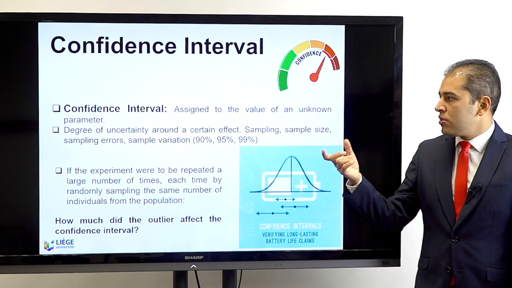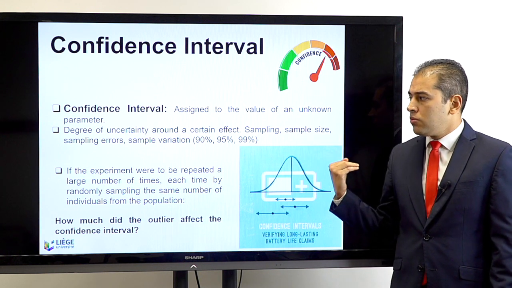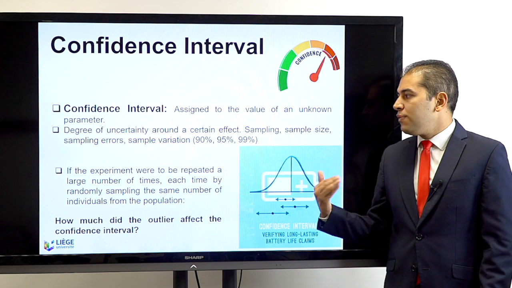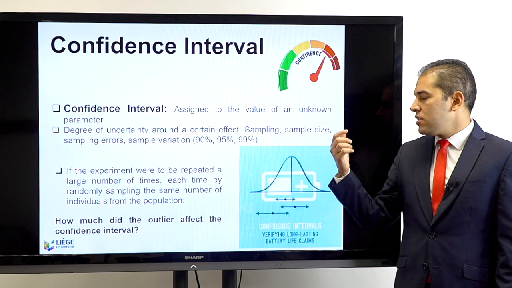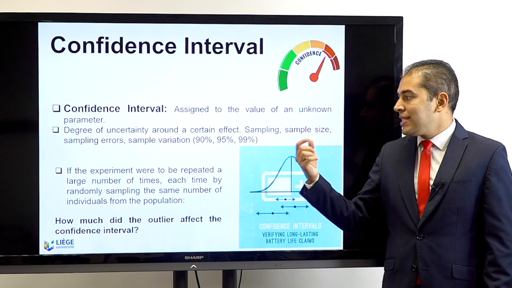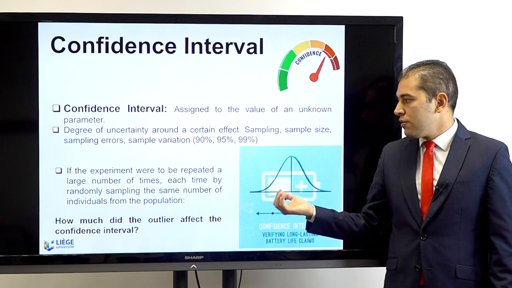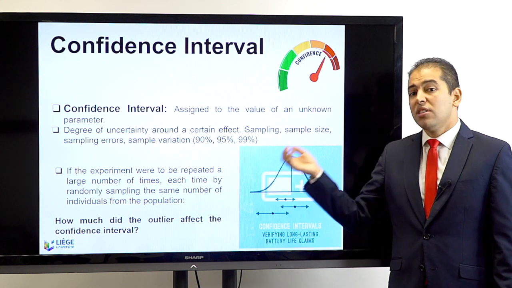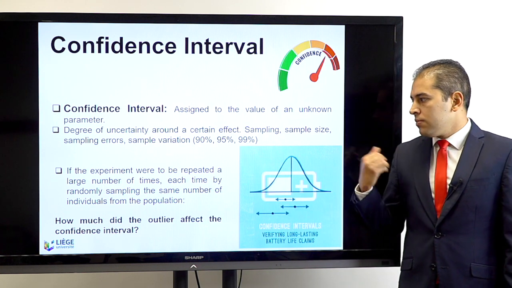Confidence interval is assigned to the value of an unknown parameter, and it's simply the degree of uncertainty around a certain effect, including sampling, sample size, sampling errors, and sample variations. There are different confidence intervals, 90, 95, 99 percent, and this is the precision and accuracy regarding the experiments.